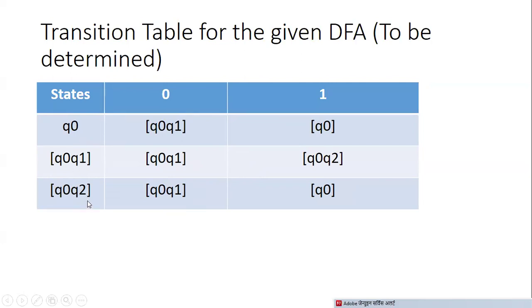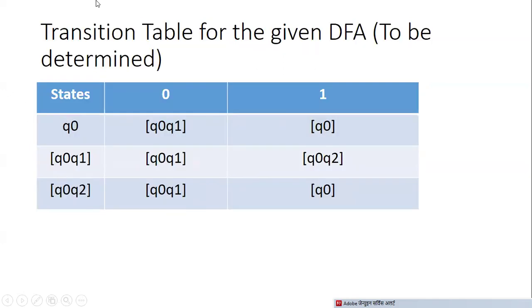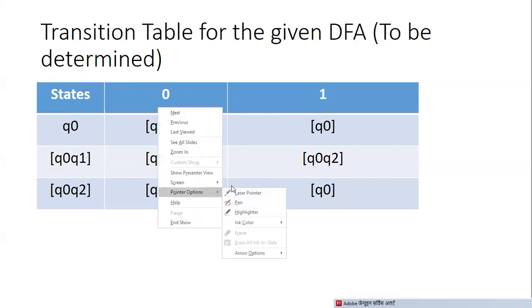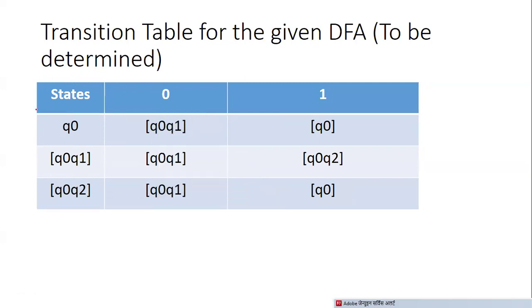So before drawing the transition diagram, we should mark the initial state and final state. See, here we know the initial state is Q0, right? So Q0 is my initial state. But among {Q0, Q2}, which one is the final state? The final state in the given NFA, Q2, was the final state, right?